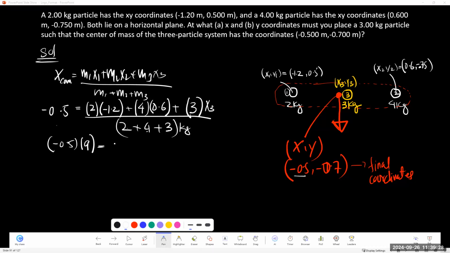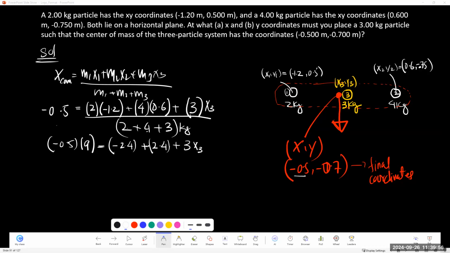You can multiply this, it's going to be minus 4.5, my bad, minus 2.4, then plus 6.4, plus 3 x3.